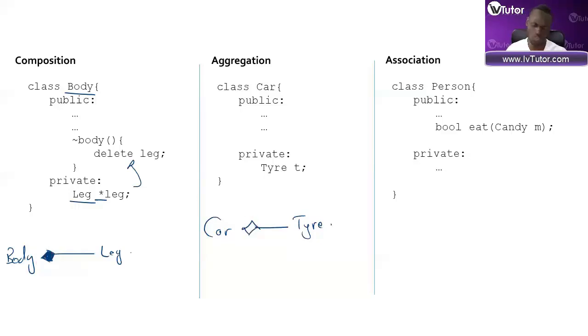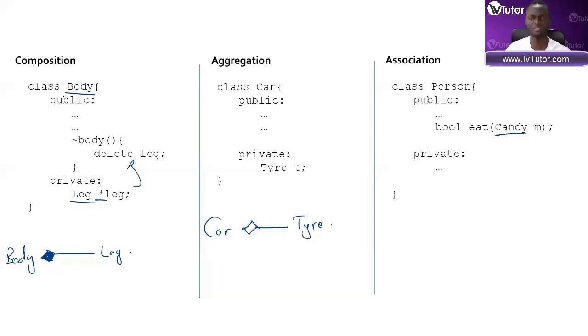Then association is different in the sense that your class does not contain the object, but it uses it somewhere within its functions or somewhere within the class. The class does not directly contain, or is not directly composed of, that object, but somewhere it uses it.